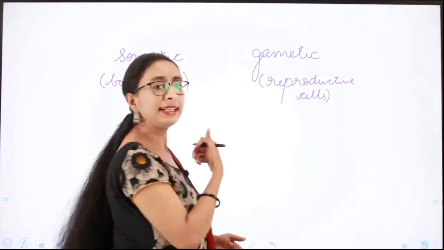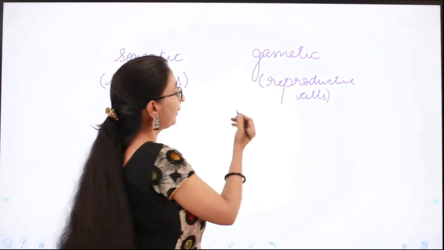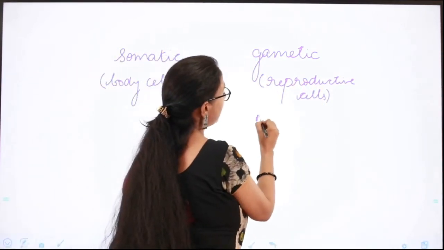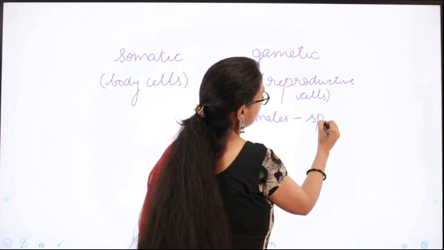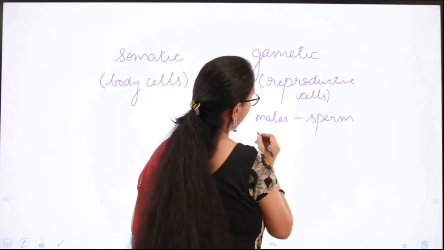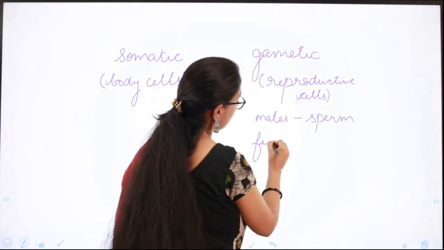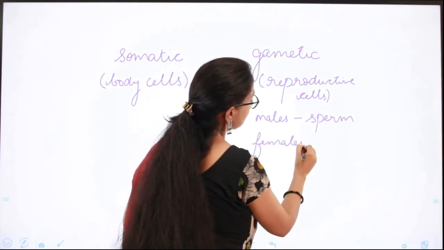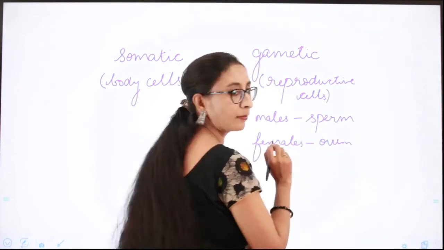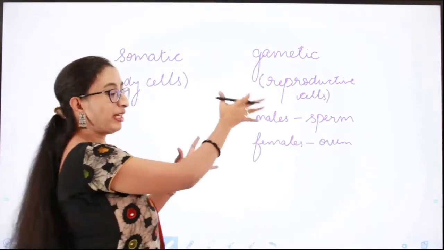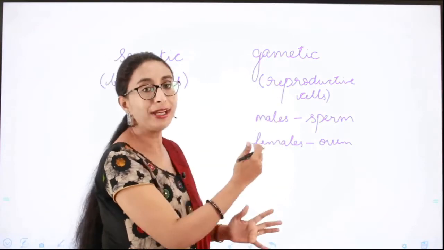So what are the gametic cells in us? So in males, the gametic cells are sperm, isn't it? In females, the gametic cell is ovum or ova, right? So these gametic cells are haploid in nature.